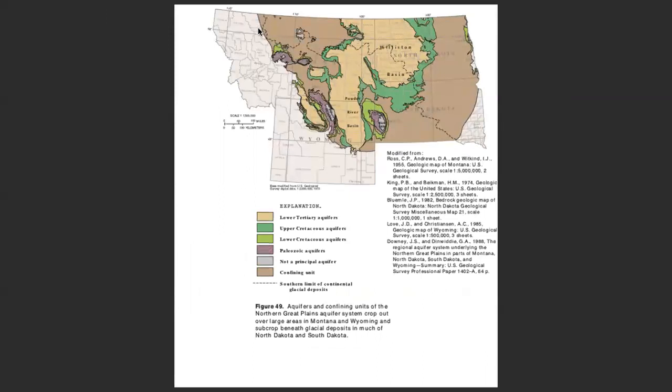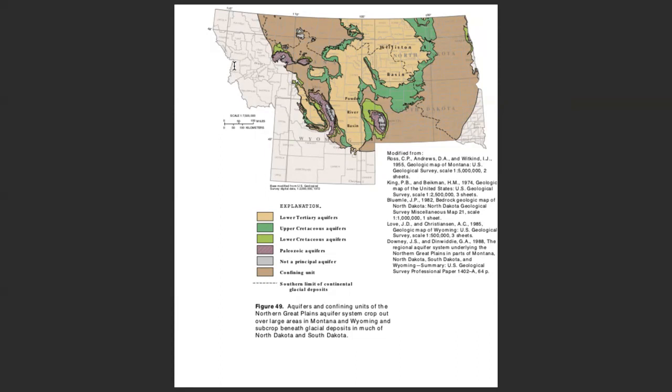Okay, let's move out east into the Northern Plains aquifer systems. These are maps of the different aquifers in eastern Montana. And what I want you to see here is first the difference in scale.